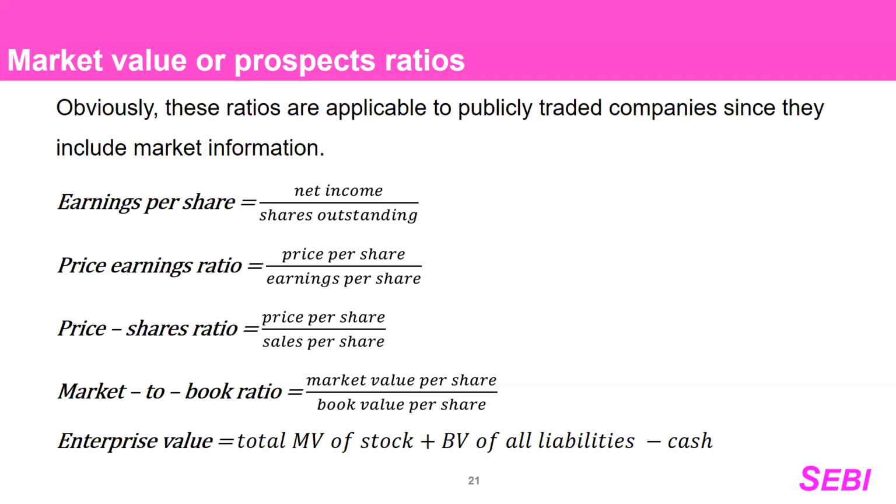So remember, this one here is total market value of stock plus book value of liabilities. And they've used the book value of liabilities because the thinking behind this is that the book value of liabilities are oftentimes very, very similar to what the market value of that liability is. So there's no need to do that extra work to get the market value of that particular liability.